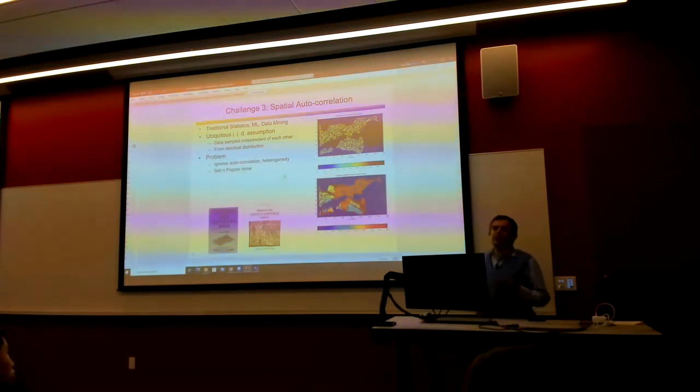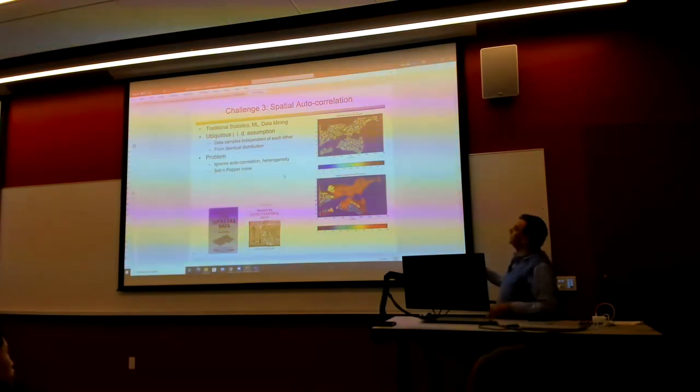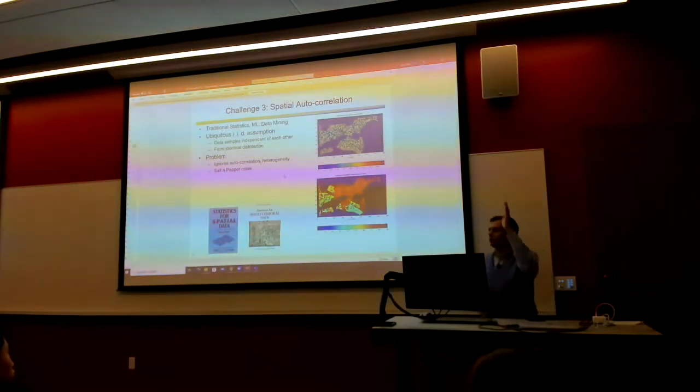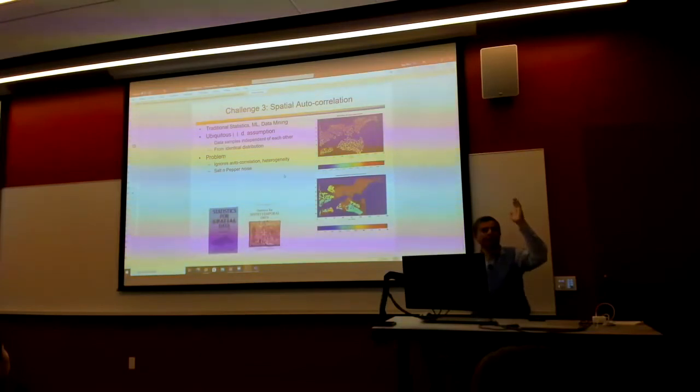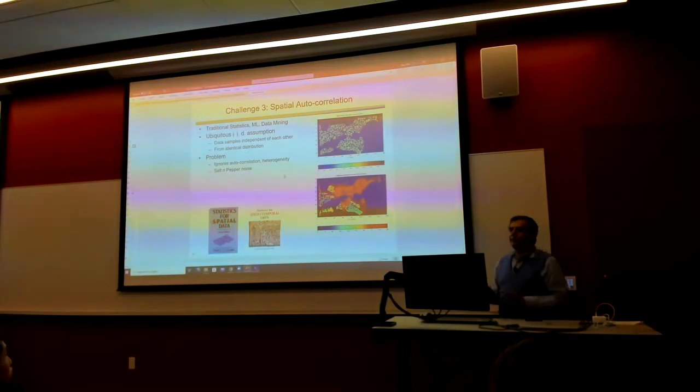So if you're coming from traditional statistics, how many of us know linear regression here? Quite a few, good. So you probably know that linear regression has the IID assumption. How many of us know the IID assumption here? Okay, what does IID stand for? It assumes that data samples are drawn independently of each other and from an identical distribution. It may work in other domains, but doesn't work in geographic data.